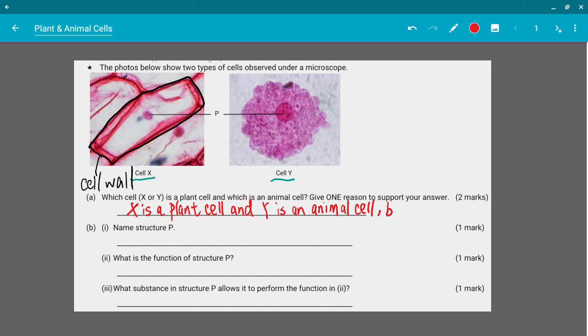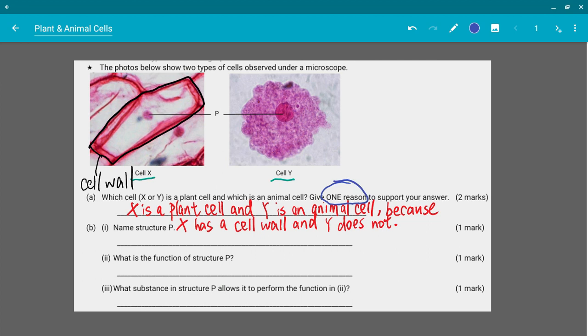Okay, because X has a cell wall and Y does not. Okay, again, make sure you do not write too much because it's only asking you for one reason only.